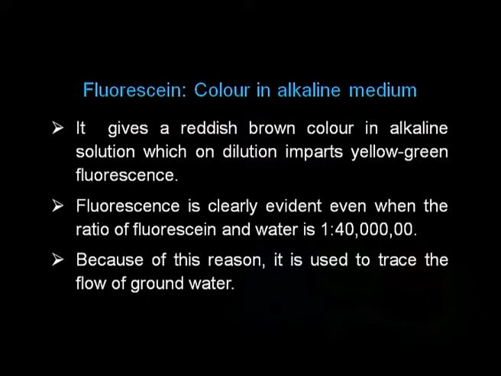That is, if fluorescein is injected at a certain point, and if groundwater is there in very small quantity, even then the fluorescence will be observed. So, this property of fluorescein giving yellow green fluorescence with water is used to trace the flow of groundwater.